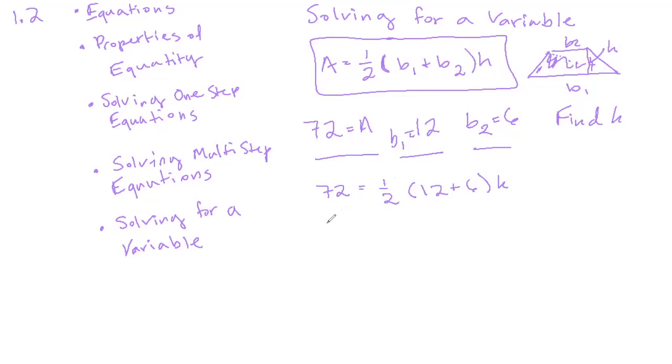So we have 72 equals 1/2 times 18 times h. 1/2 times 18 is 9, so you have 72 equals 9h. Then divide both sides by 9, and you end up with h equals 8.